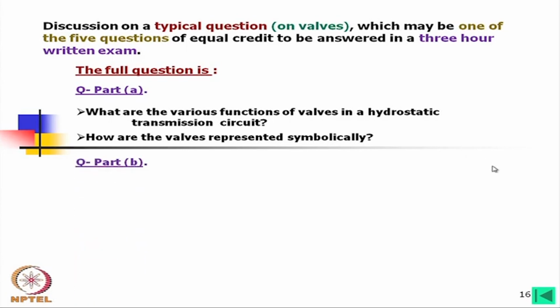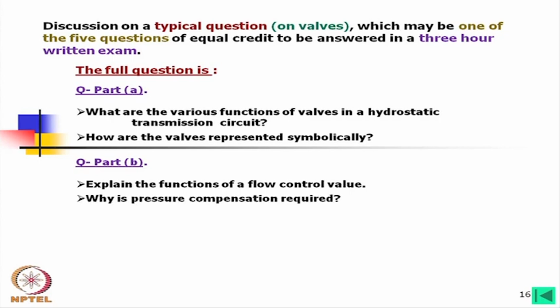Now, in part B, there are sub parts: explain the functions of a flow control valve. Why is pressure compensation required? What are series and parallel compensations?